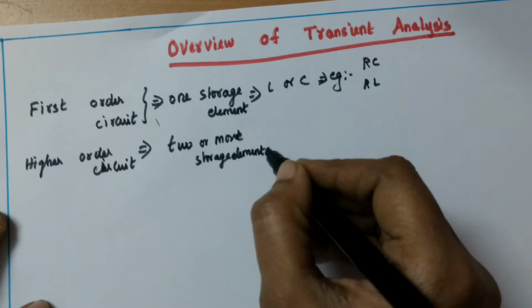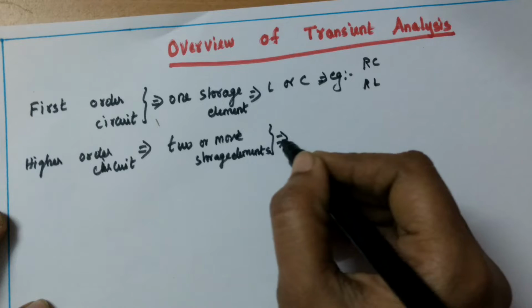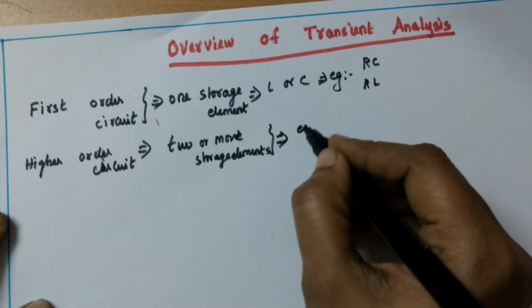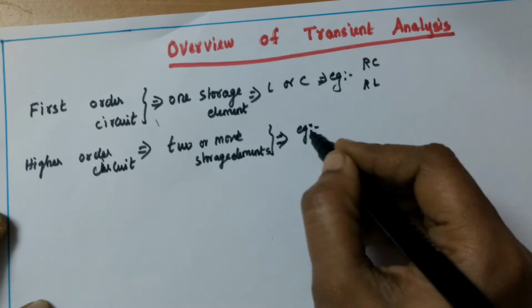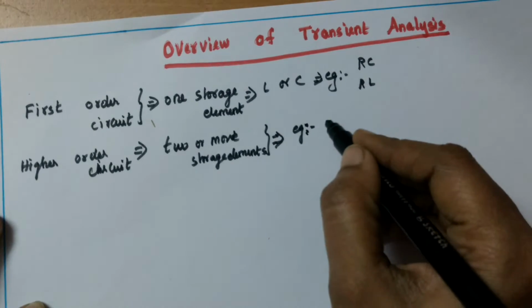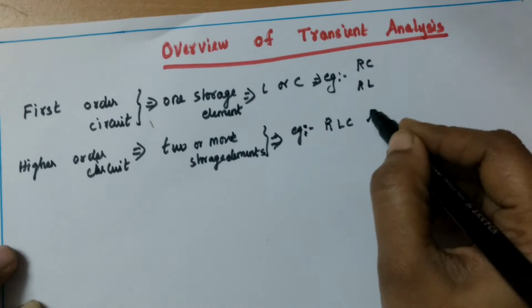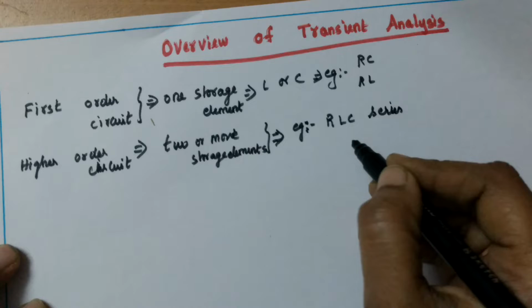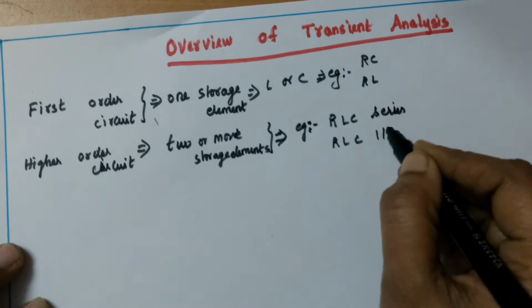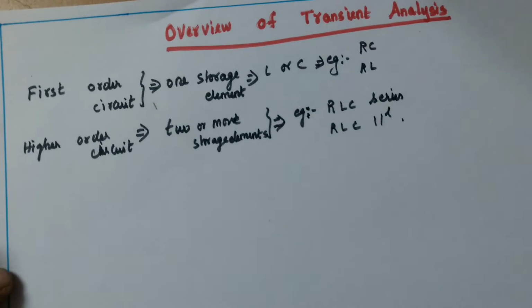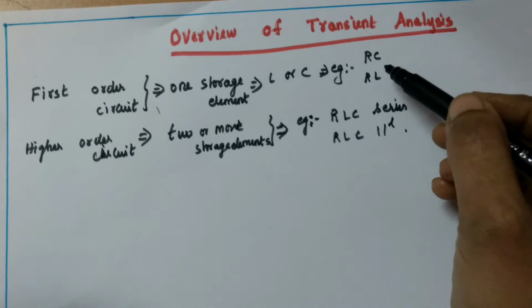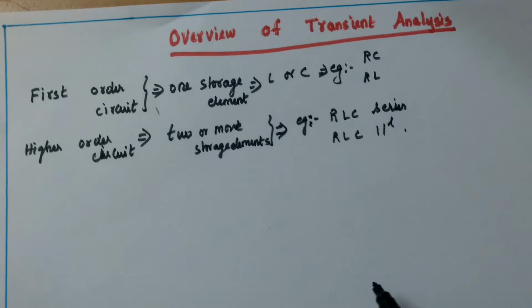That type of network is known as a higher order circuit. Examples of second order circuits are the RLC series circuit and the RLC parallel circuit. First, let me discuss the concepts of RC transients and RL transients.